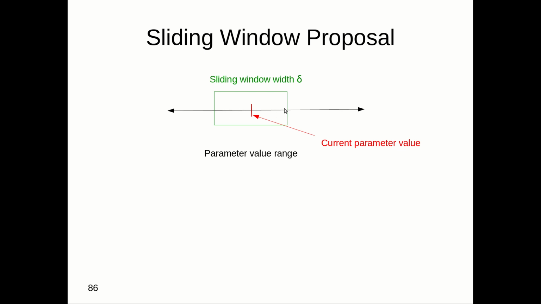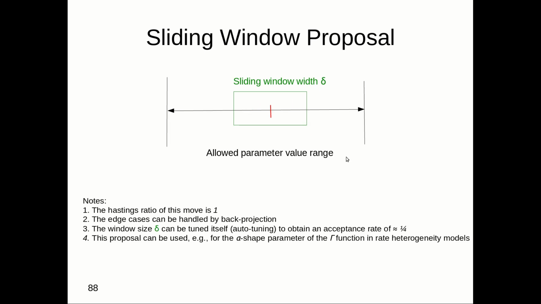So basically you just randomly choose a point from here to set your new branch length value. You propose a new value at random that lies within delta, and then you reevaluate your likelihood, calculate your prior ratio and the likelihood ratio, and decide whether to accept or reject this new branch length.